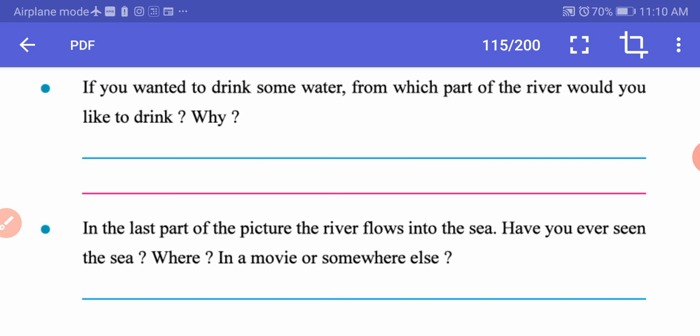You can see this same scenery in Daman also and in Umarsadi also. So you can write any of the names over here in your answer. So your answer should be like this. Yes, I have seen river flowing into the sea at Umarsadi, or you can write at Daman.